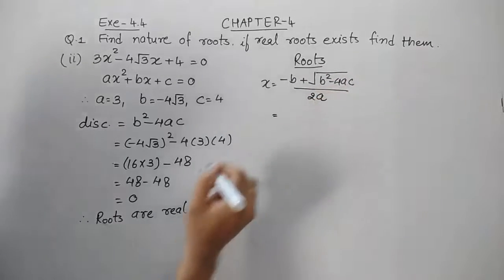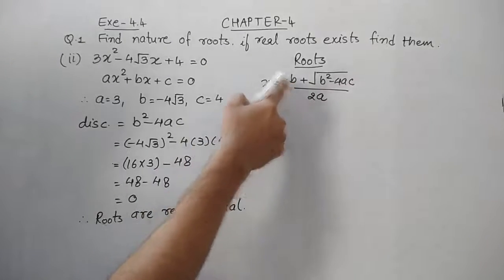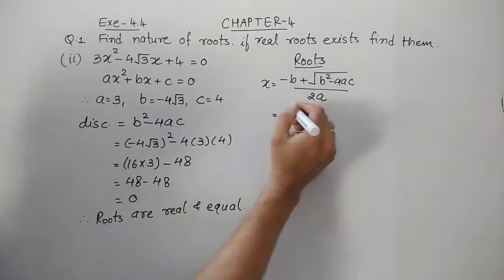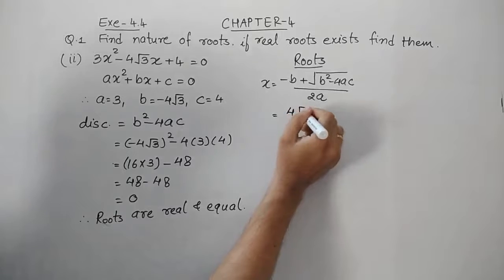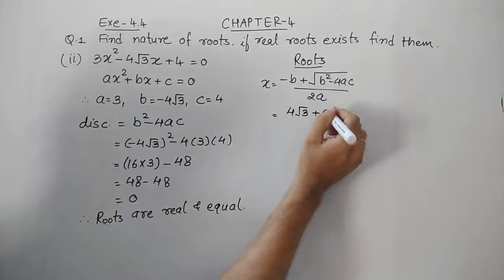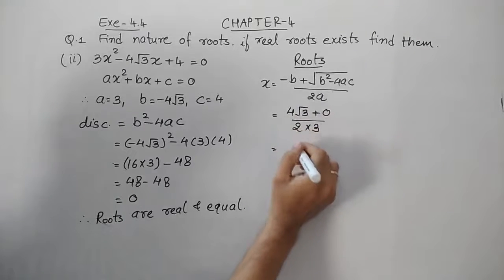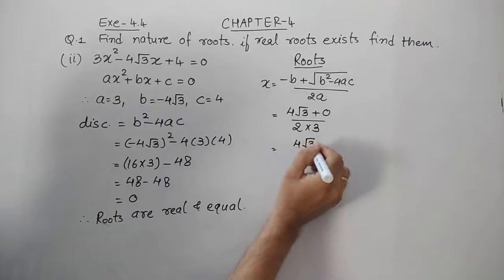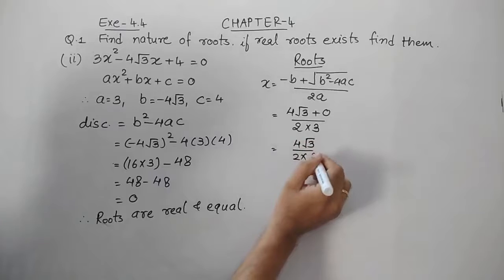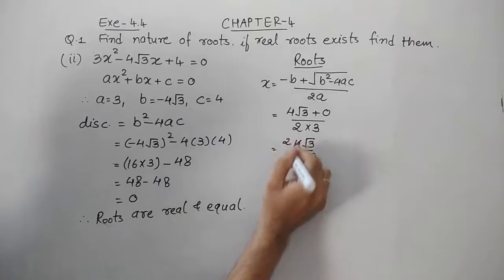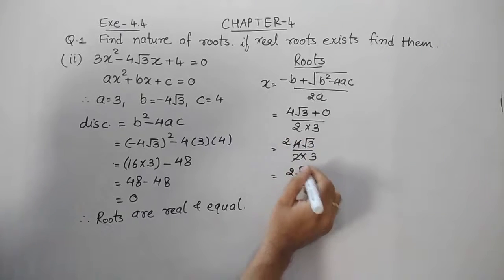So let us substitute this value. Minus b, as it is minus 4 root 3, so we should write 4 root 3. As the value of b square minus 4ac is 0, then 2 into a. So it is 4 root 3 upon 2 into 3. We can cut this, 2 to the 4. So it comes 2 root 3 upon 3.